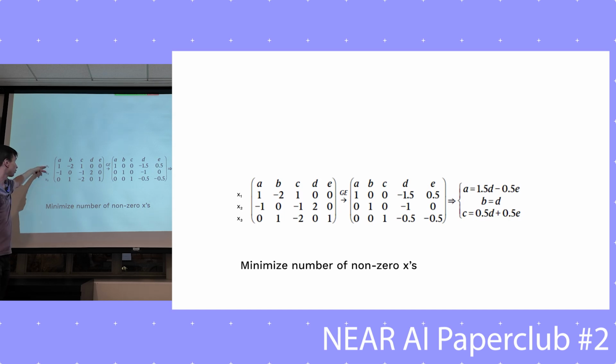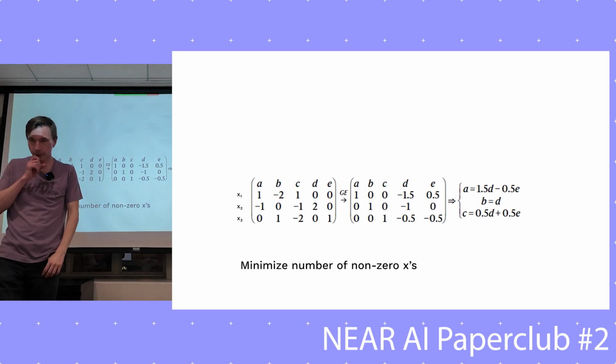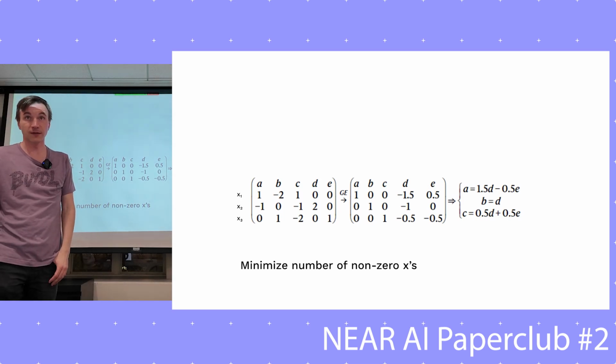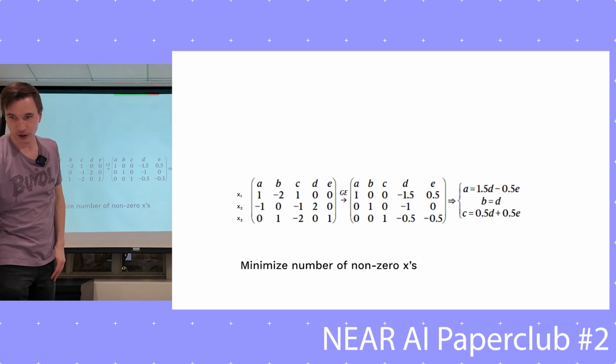So in this case, if I remember it right, you just set x1 and x2 to 0.5 and add them up, right? So A's will cancel, C's will cancel, B will be -1, D will be 1, right? B is equal to D. So x1, x2 equal to 0.5 is the solution here. But you cannot just minimize the number of non-zero x's. That's not something that can be easily done.